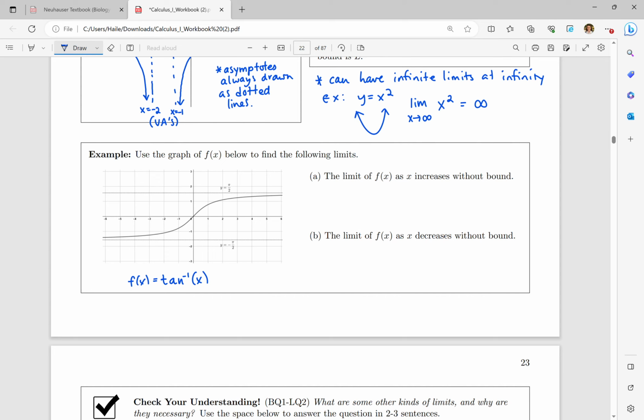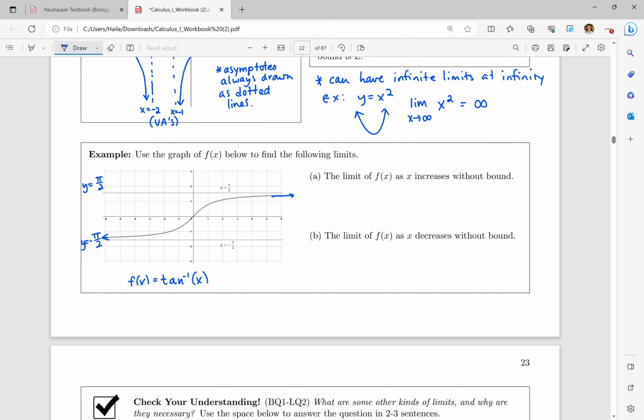So this is the graph of the inverse tangent function. We have two horizontal asymptotes. One of them is at y equals pi over 2. So I'll write that a little bigger. And one of them is at y equals negative pi over 2. And the graph goes on forever and ever and ever and gets really close to those two asymptotes.